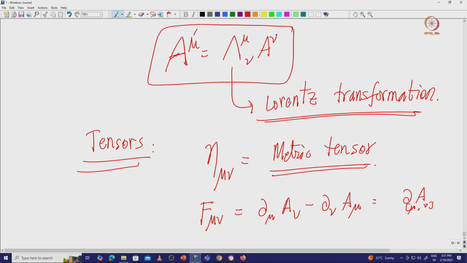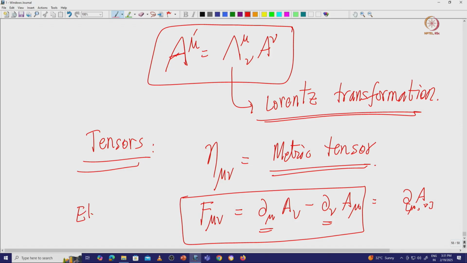Now, what is del mu? What is del nu? This F mu nu is the same thing which you see in electrodynamics, used to write the covariant form of Maxwell's equations.